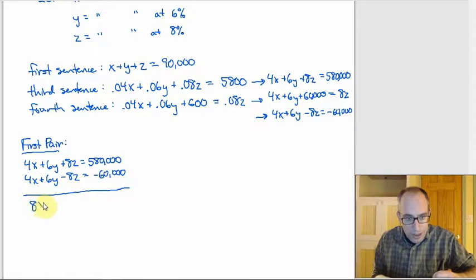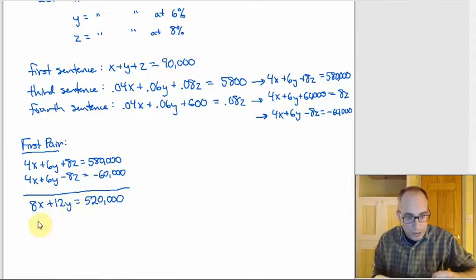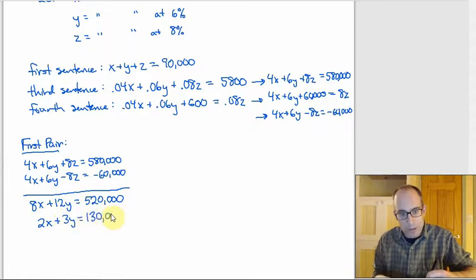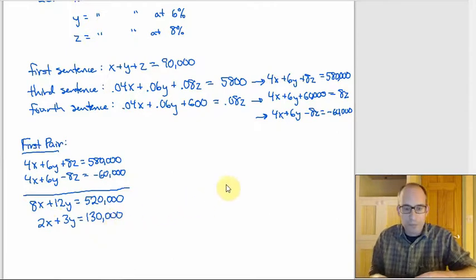So we're going to have 8x plus 12y equals 520,000. And then you could divide both sides by 4, actually. And you could say, well, then this is 2x plus 3y equals 130,000. If you divide both sides by 4, you'll get there. That's probably a little better.